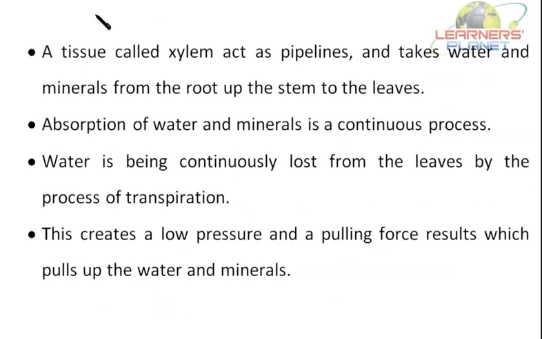So we can say that a tissue called xylem acts as pipelines, and it takes water and minerals from the root up to the stem, to the leaves. This absorption of water and minerals is actually a continuous process.